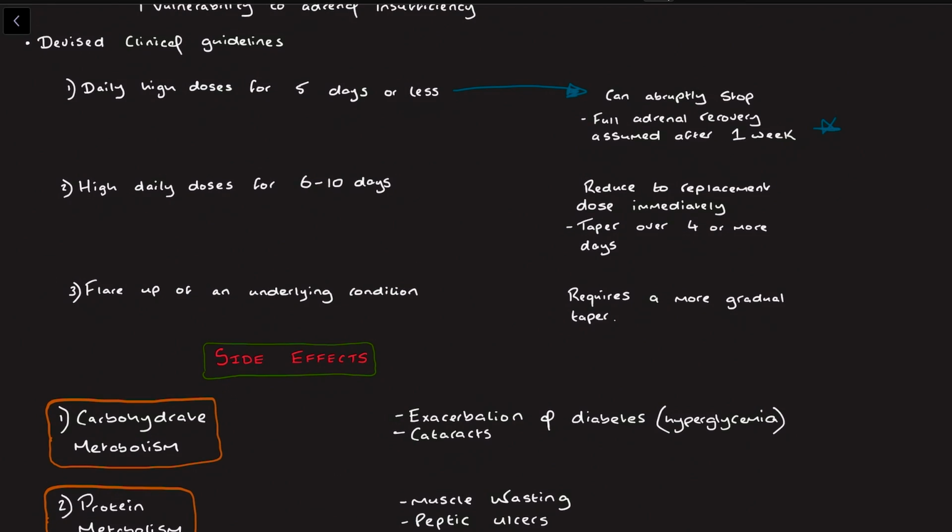But if a high dose was used for 6 to 10 days, they must reduce to replacement dose immediately and taper over 4 days. Adrenal recovery can be assumed to occur within 2 to 4 weeks of completion of steroids. And also, flare-up of the underlying condition for which steroids are given may require more of a gradual taper.